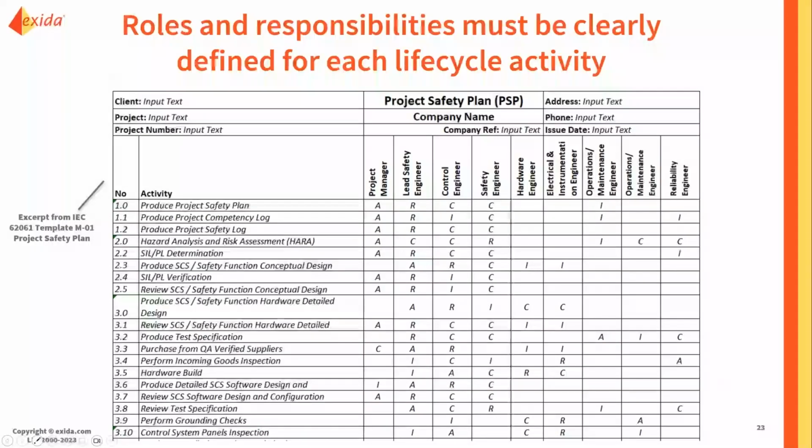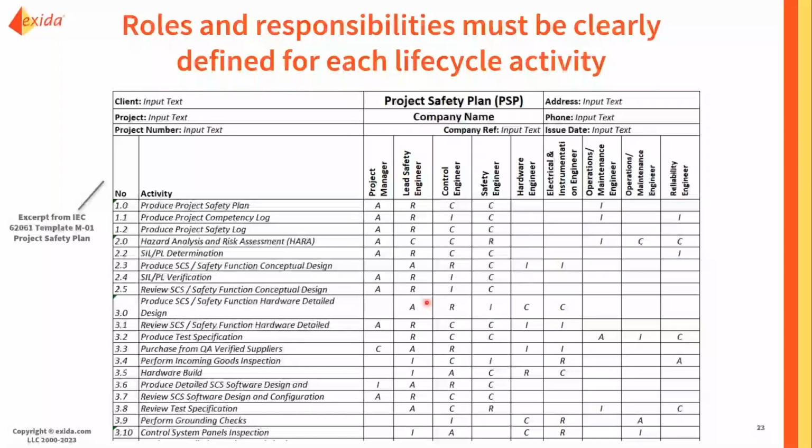From a roles and responsibilities standpoint, we can think about each of the life cycle steps in the machine safety life cycle, everything from the risk assessment to decommissioning, and identifying for the site who is specifically responsible and accountable for that task, what other parties need to be brought in, consulted and informed.